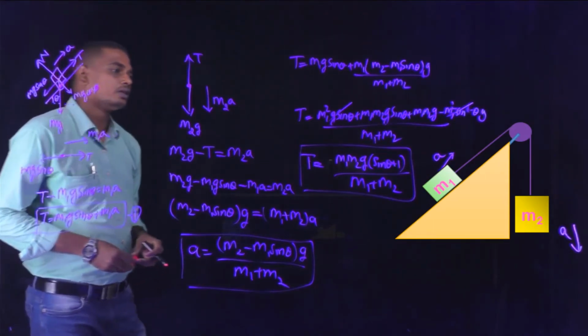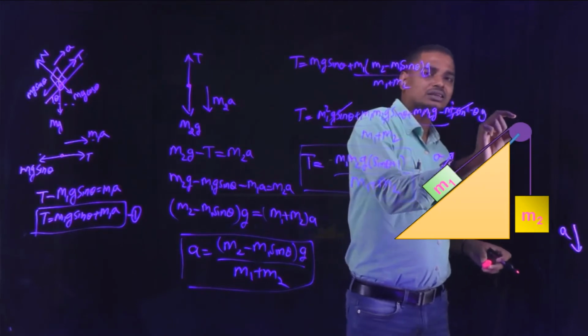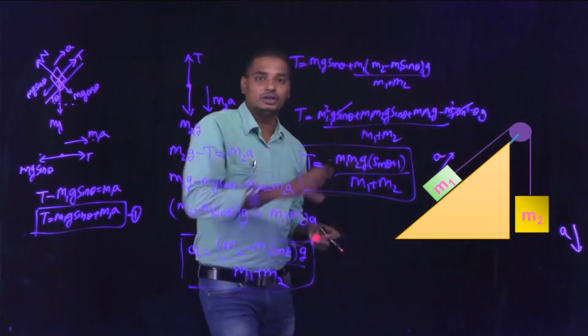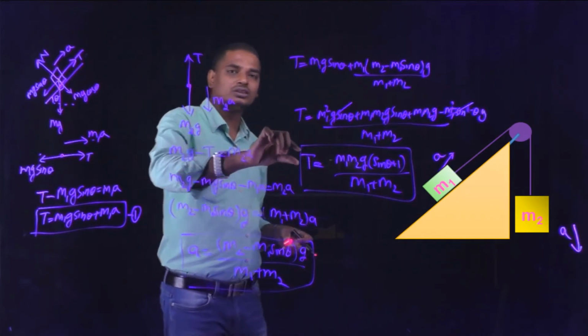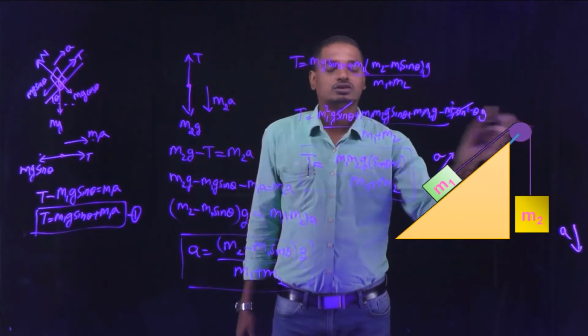Now I need to calculate what is the net resultant thrust on this pulley, or the net tension on the pulley. Here I have calculated only the tension in the strings, but what is the net resultant thrust on the pulley?